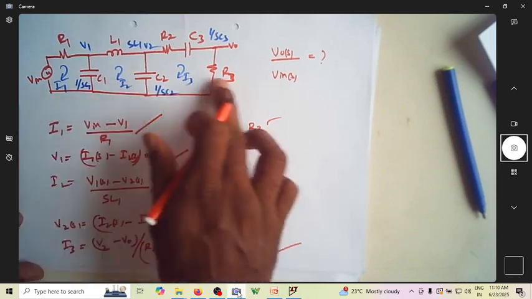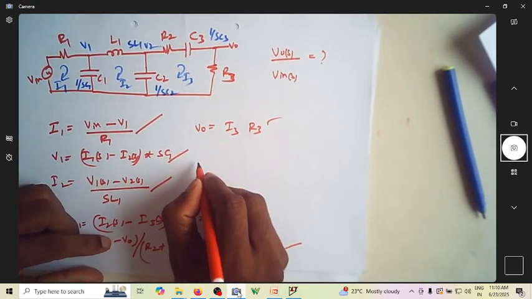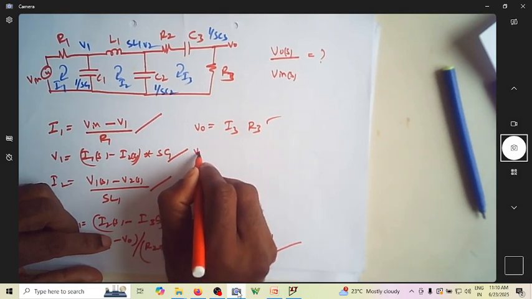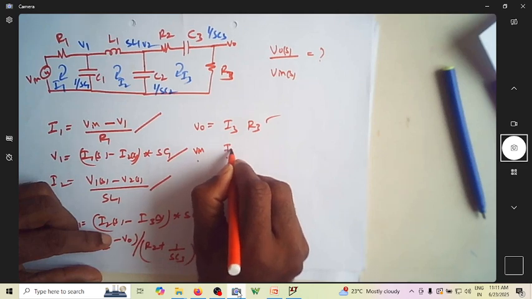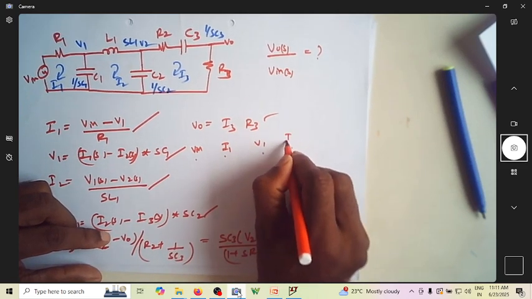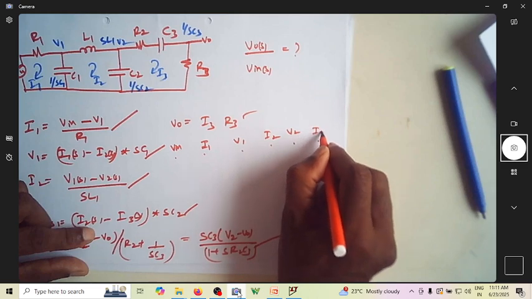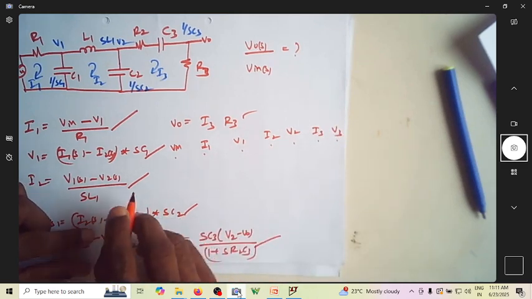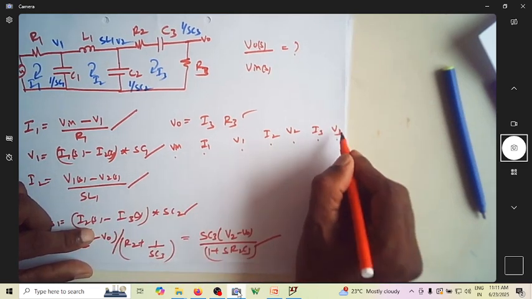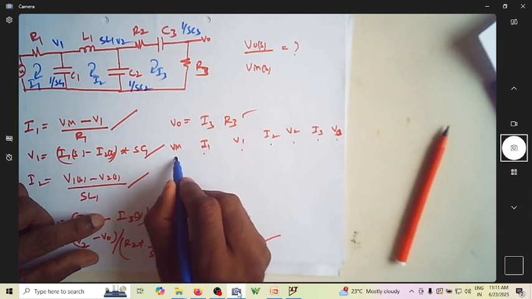So now start writing the signal flow graph. Start with Vin, go to I1, next V1, next I2, V2, V3 or V0. So plug in this. What is I1?